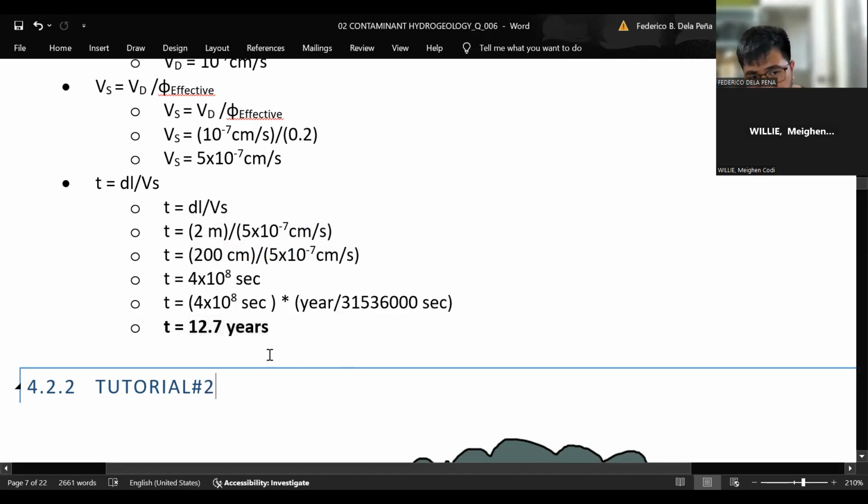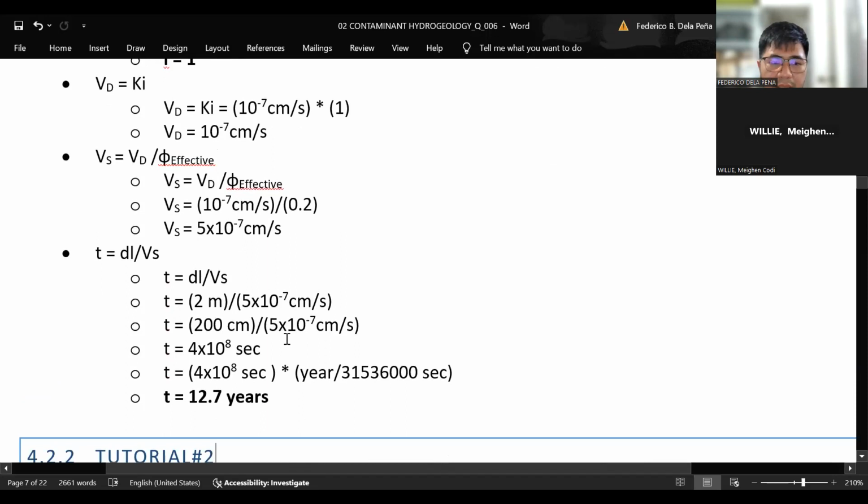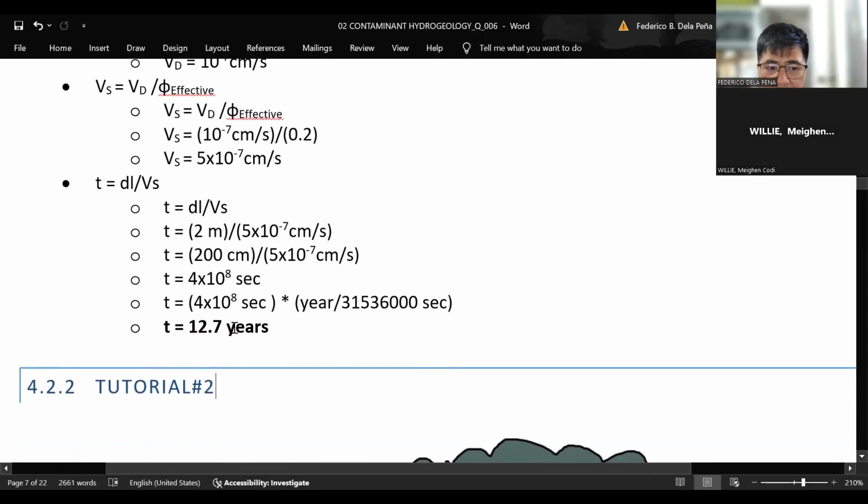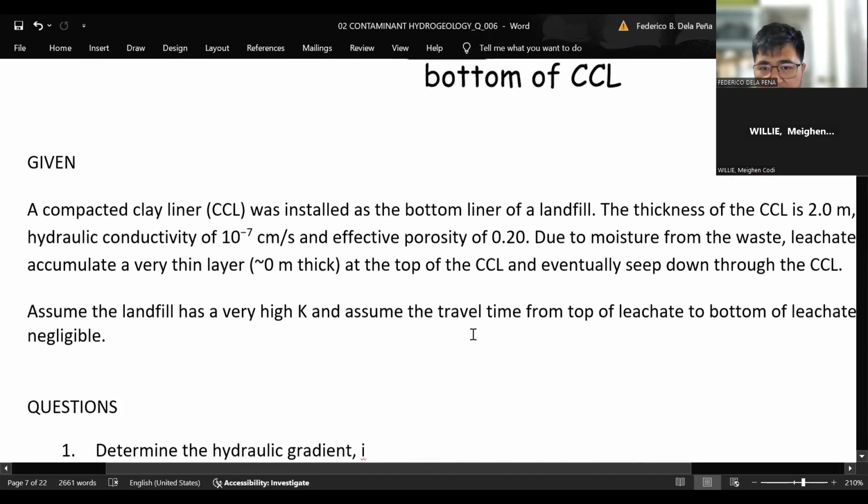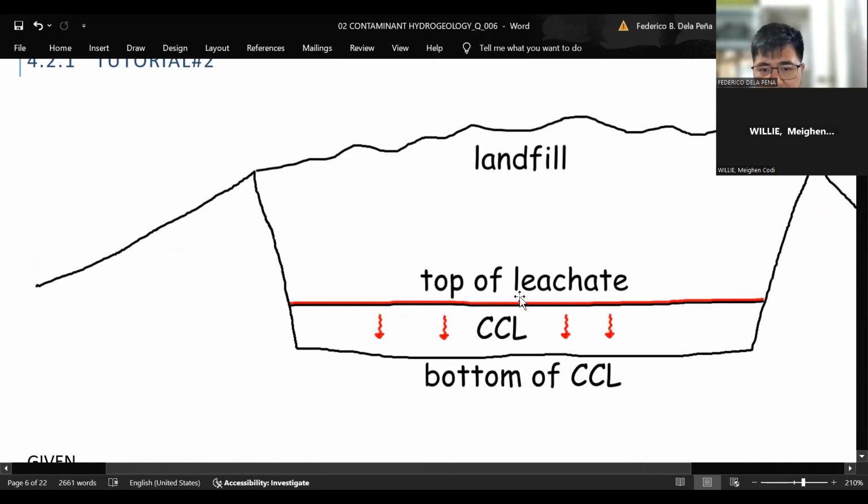That's 12.7 years for the leachate to travel to the CCL. From the perspective of landfill design, the typical life of a landfill will be somewhere between 25 to 50 years.